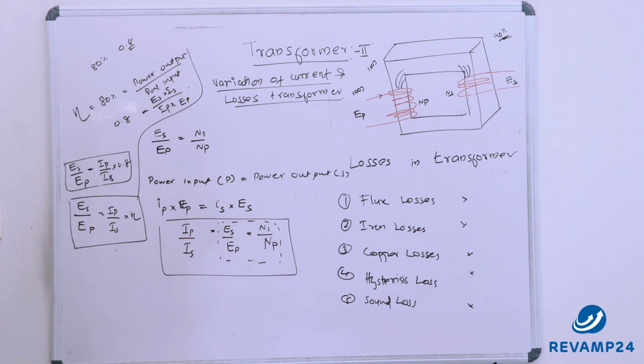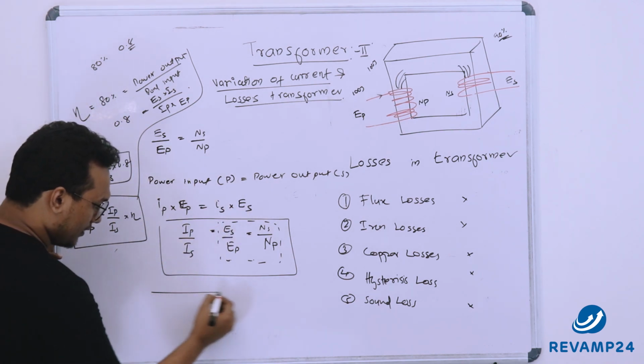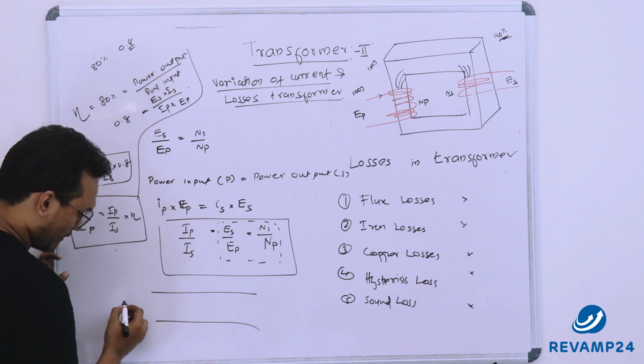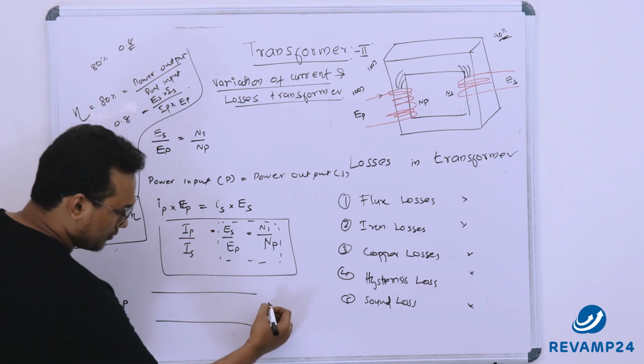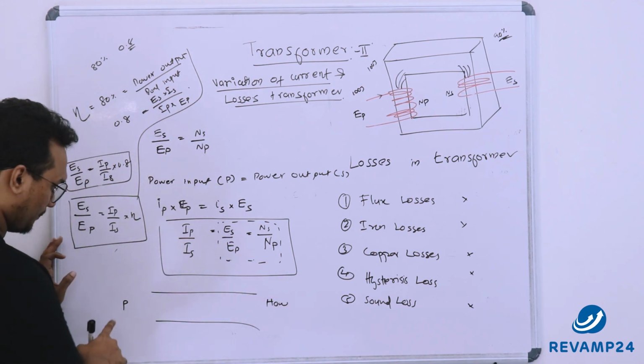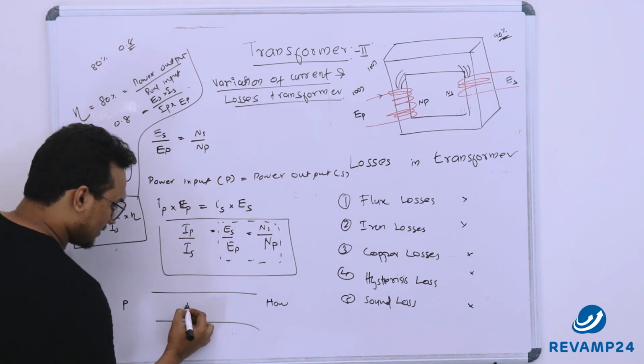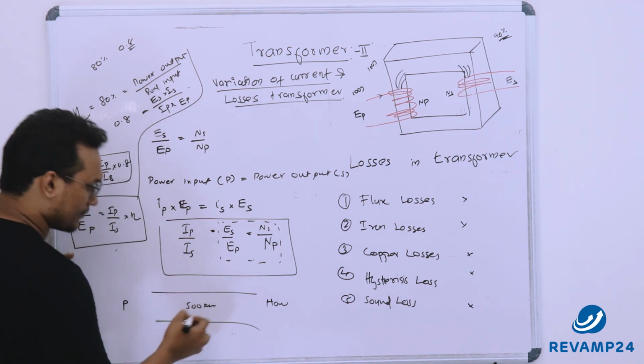Now I will tell you why we are using a transformer. We know that when power from the powerhouse is sent to house appliances, the powerhouse would be kilometers and kilometers away from our house, let's say 500 kilometers.